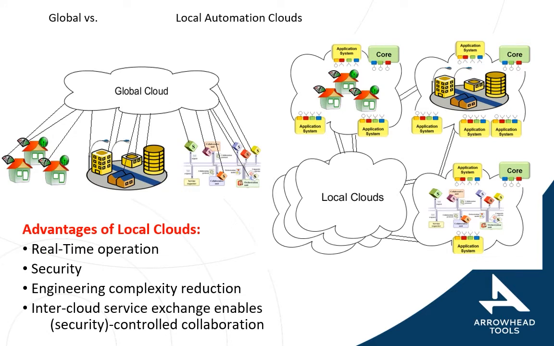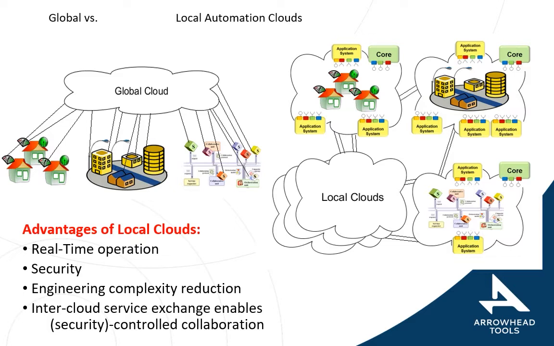While the IoT world, the Internet of Things world, usually works with global clouds where everybody sends their data up to and it gets analyzed there, Arrowhead has this special feature of local automation clouds where geographically or security-wise closed systems, so those systems that are either geographically close to each other or have the same security context or require similar engineering, can get into a local cloud which has the same core systems of Arrowhead, and then these local clouds can communicate with each other.